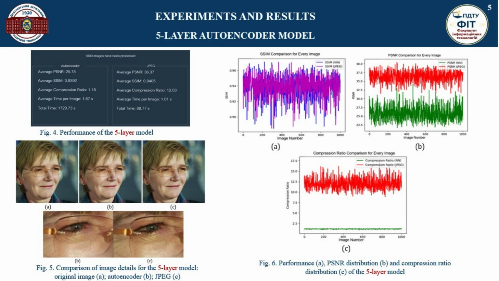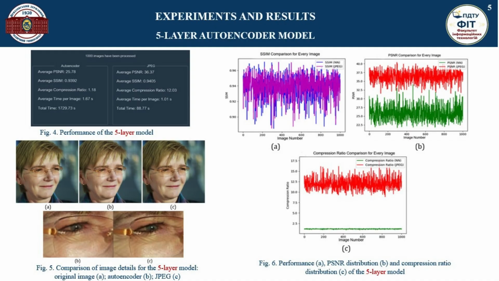The 5-layer autoencoder demonstrates a slightly better compression ratio compared to the 3-layer model, 1.11 vs. 1.18. However, the difference is minimal when compared to JPEG. The compression ratio distribution is shown in Figure 6c.